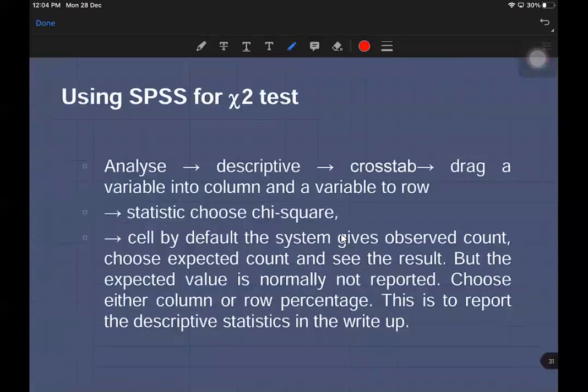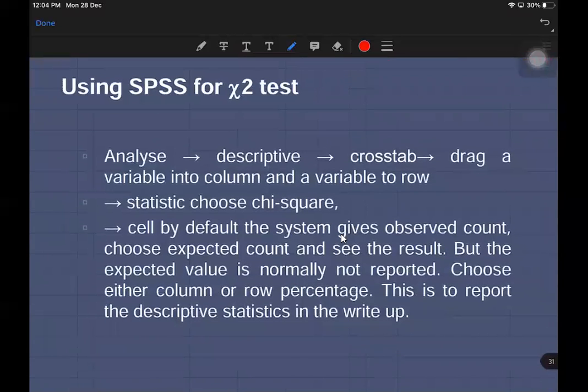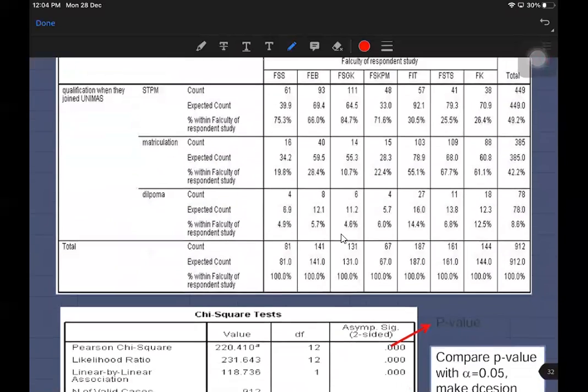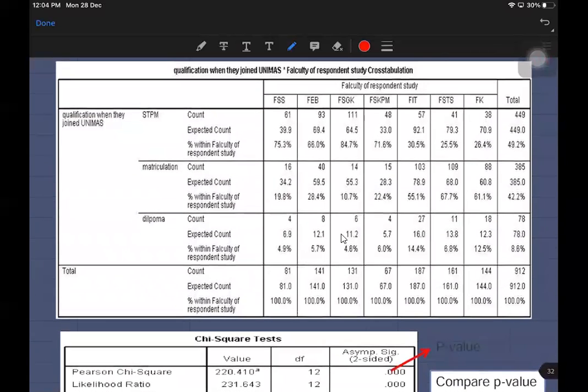So this is the command of using SPSS to calculate the chi-square test statistic. This is the command, but I will show you again in the SPSS tutorial. This is an example of output.